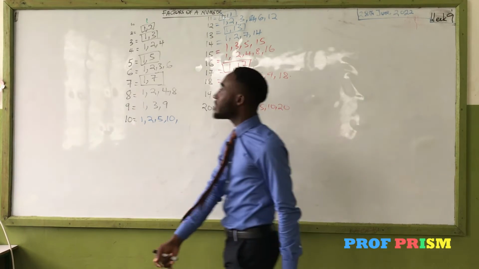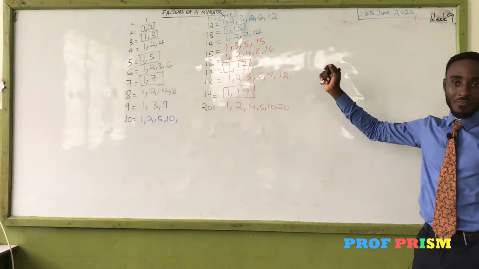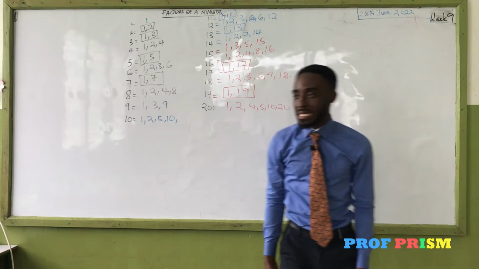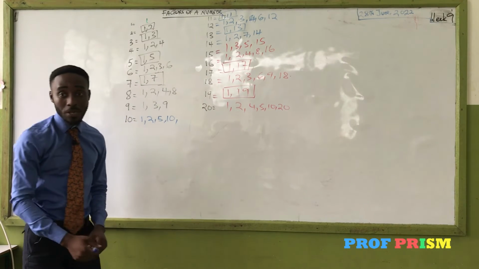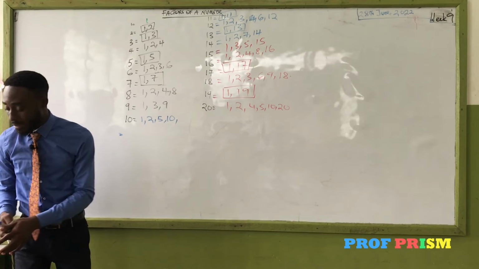Therefore, we've observed a trend from all we've done. We could see that some numbers have only 2 factors. And these numbers have a name. We call them prime numbers. Is that okay? So how then will you define prime numbers? Anyone?